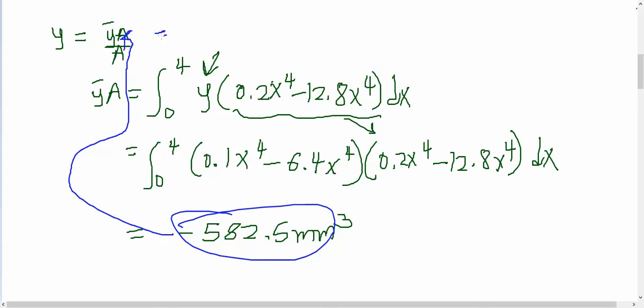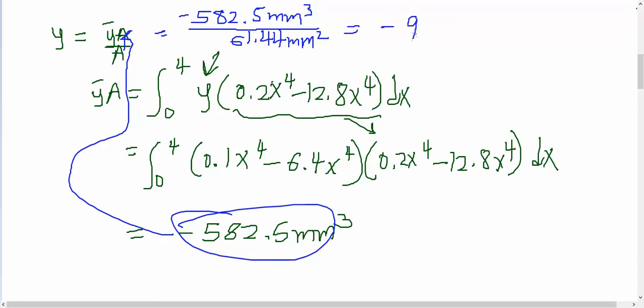So that results to negative 582.5 millimeters cubed divided by A, which was 61.44 millimeters squared, and dividing that we have negative 9.48 millimeters.